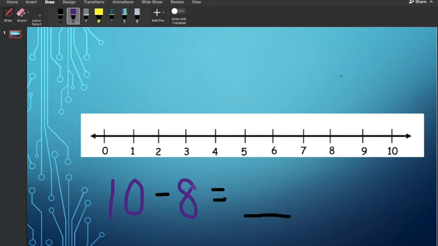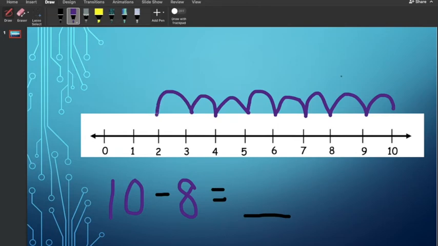Now, if you remember, when you have 8, how many more do you need to get to 10? You can think of it reversed that way, like 8 plus how many more gives me 10. Okay, but using the number line, we're going to start on our greatest number, 10, and we're going to subtract 8, right?